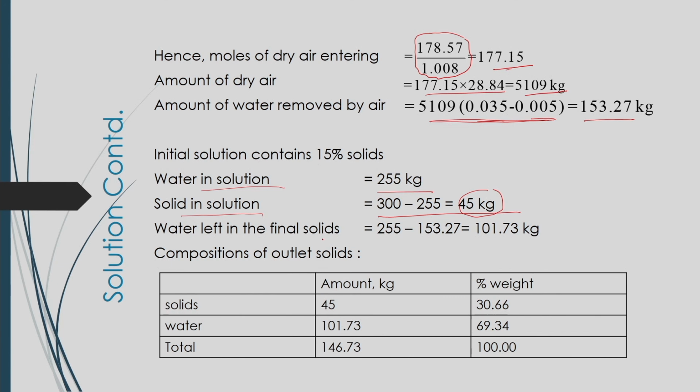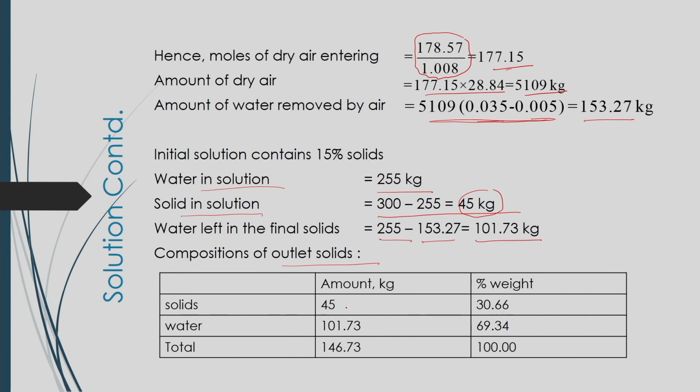Now, water left in the final solids: this is 255 minus 153.27, which is the amount of water removed. So, water left in the final solids is 101.73 kg. Accordingly, you can calculate the composition of the outlet solids.